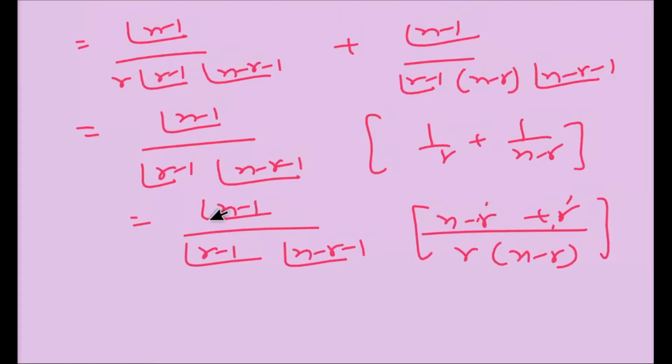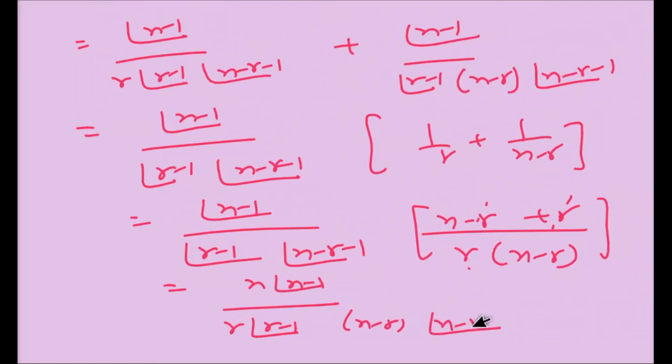Okay, this n you can write with this, this R you can write with this, and this n minus R can be written with this. So this one is factorial n, this one is factorial R, and this one is factorial n minus R. So we can write it is equal to NCR. So we have proved that NCR equal to n minus 1 CR plus n minus 1 C R minus 1.